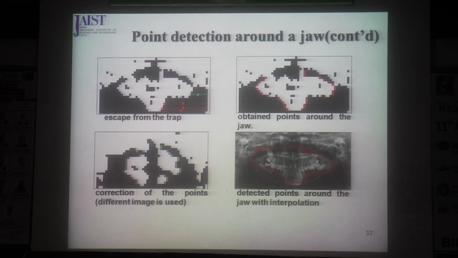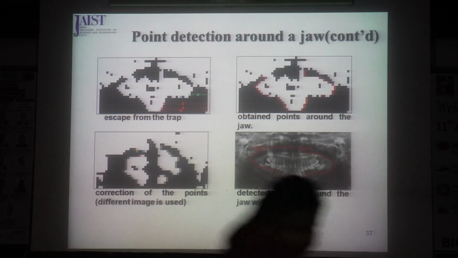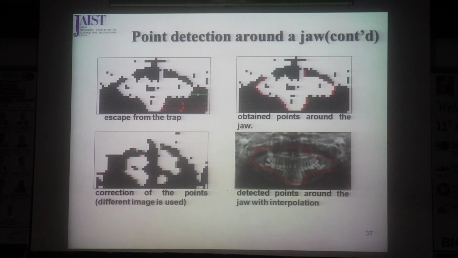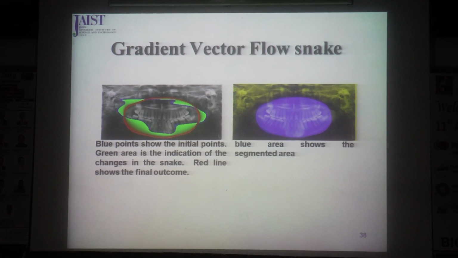And after that, we will finalize the border including the area of teeth, like this. And this will be the initial condition for applying the GVF snake. The GVF snake is an algorithm to detect the boundary of the area which includes a specific object in the image.